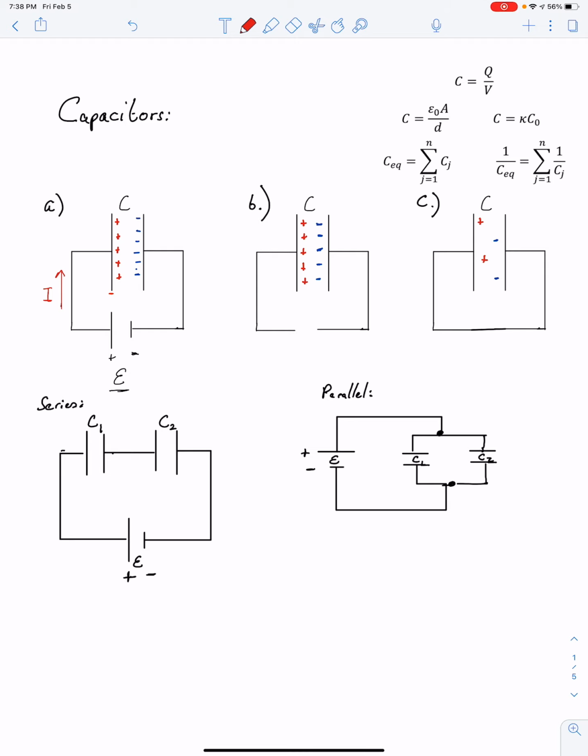Now, the other side, the negative side, right here, we have a negative charge.